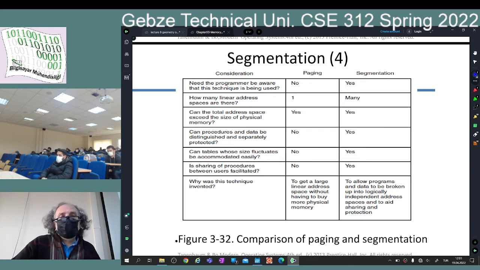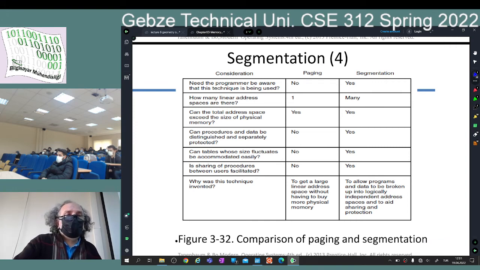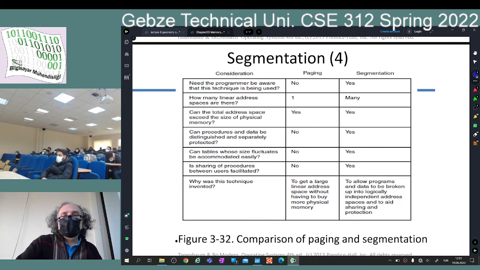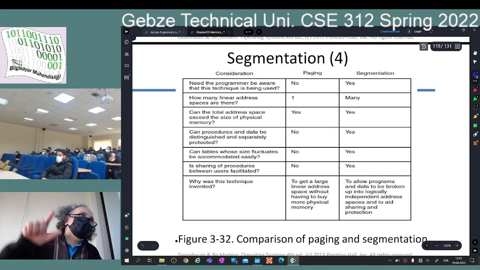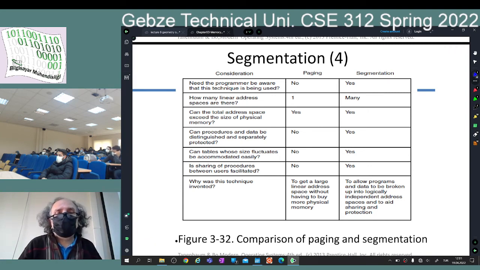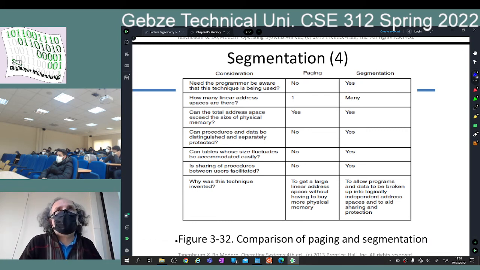Okay, so I can have these kinds of distinctions. Procedures and data can be distinguished and separately protected. My segment sizes can fluctuate; they can become smaller or larger. I can't do the same thing with paging, because with paging you have one large address space, that's it.